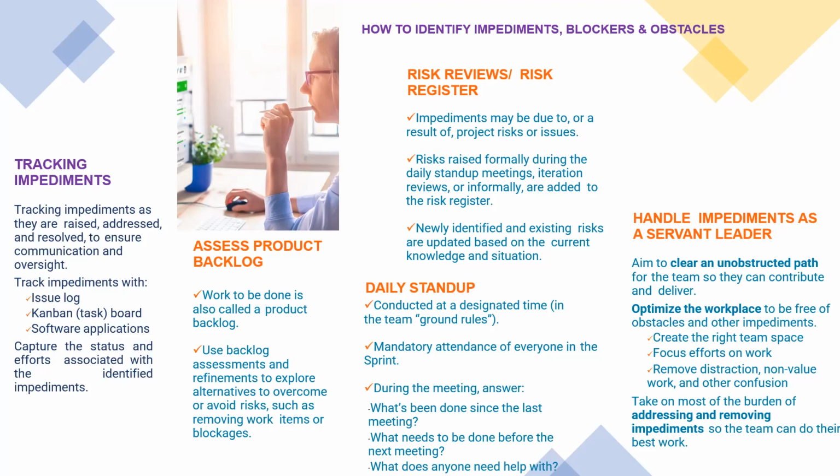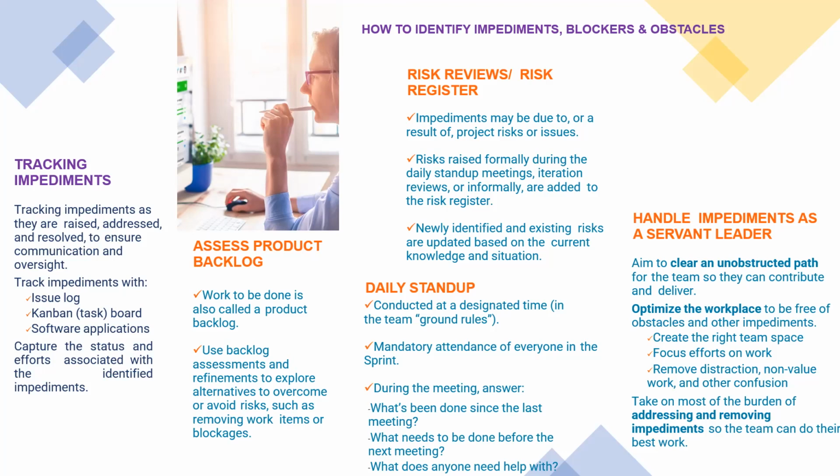Now, those current challenges that they foresee or currently have are things that could be what? Impediments, obstacles, or blockers. So during those meetings, you could identify what impediments, blockers, or obstacles are on the table and need to be dealt with.